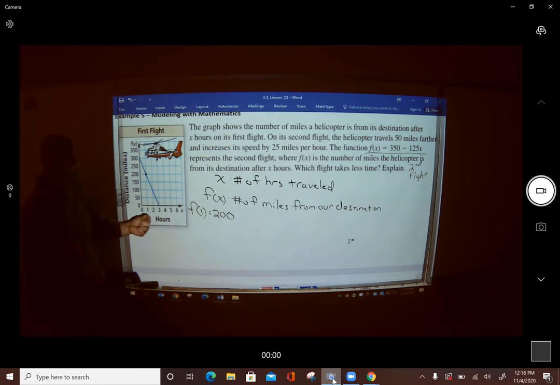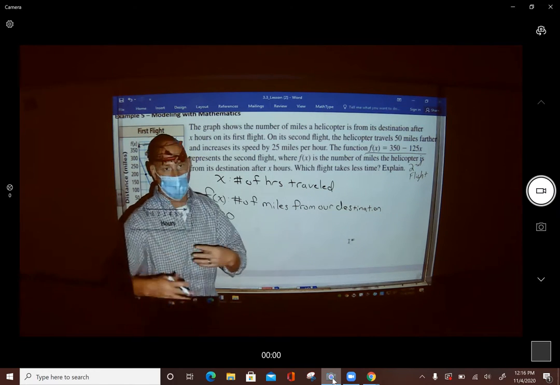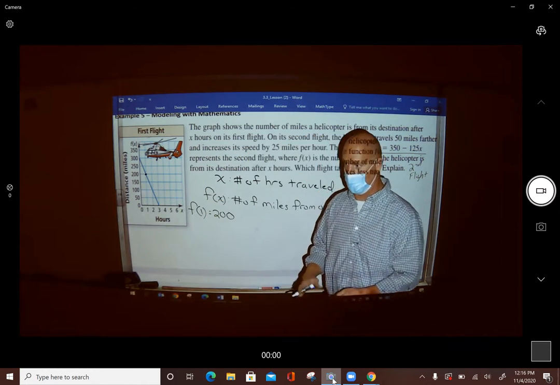What that means is the number of miles from our destination after we've been traveling for 1 hour is 200 miles. You're 200 miles from your destination.